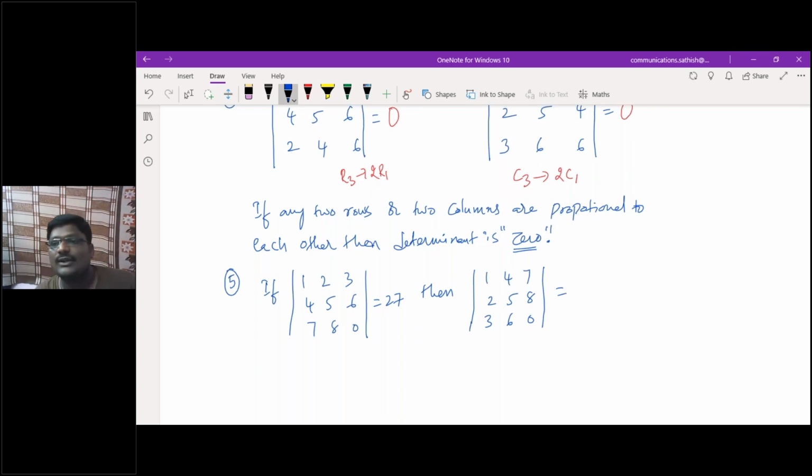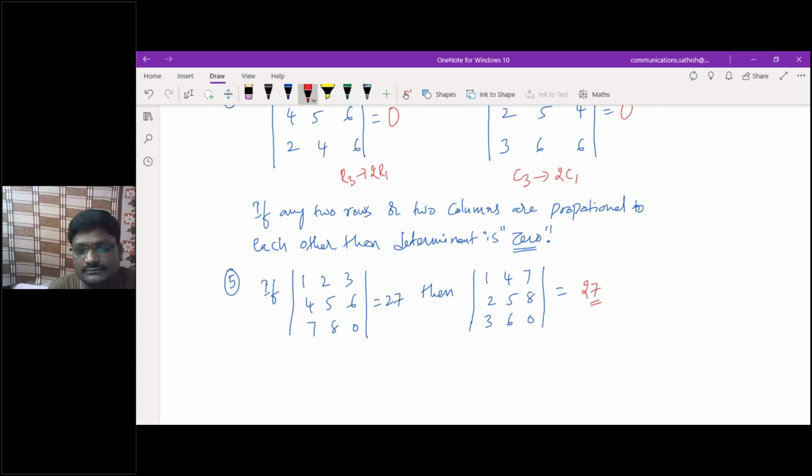If the determinant of 1, 2, 3, 4, 5, 6, 7, 8, 0 is 27, then the determinant for 1, 4, 7, 2, 5, 8, 3, 6, 0 is how much? 27. Yes, sir. This also 27.